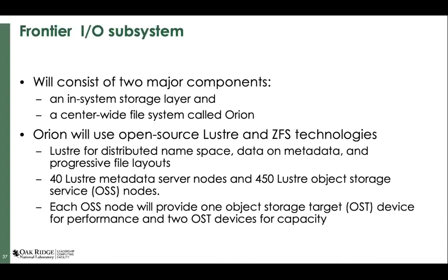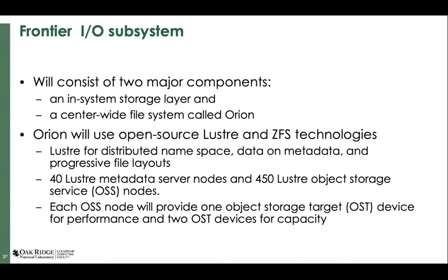Lustre for distributed namespace, data on metadata, and we'll have 40 Lustre metadata server nodes and 450 Lustre object storage services, or OSS, nodes.